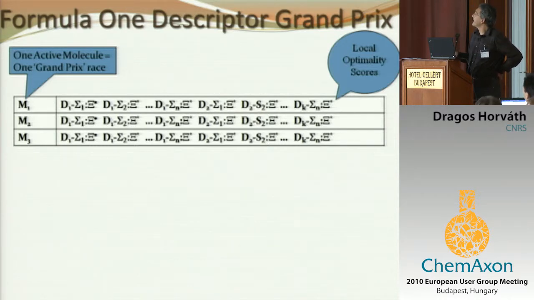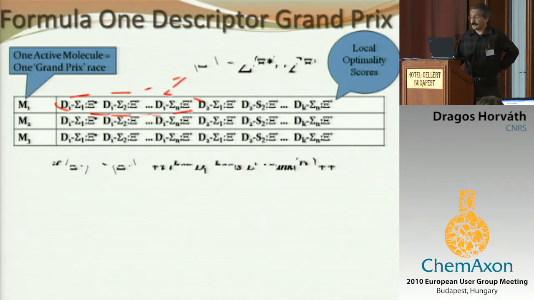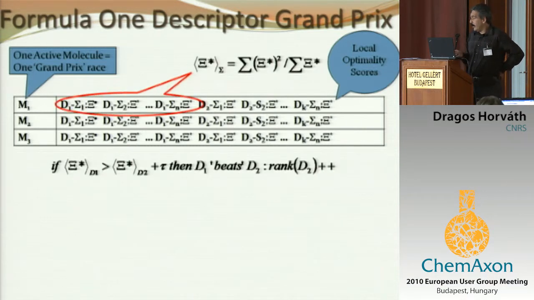So these are the local optimality scores. An active molecule can be considered a race. We look at the average score for one descriptor D1 with the different metrics obtained, and it's a biased average.